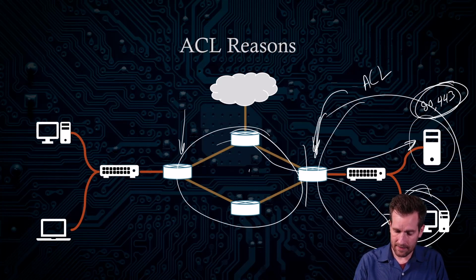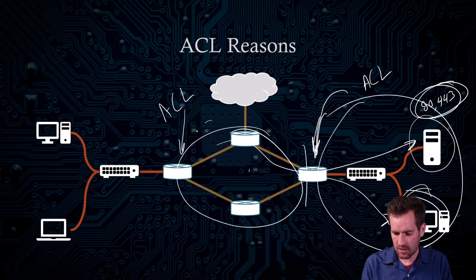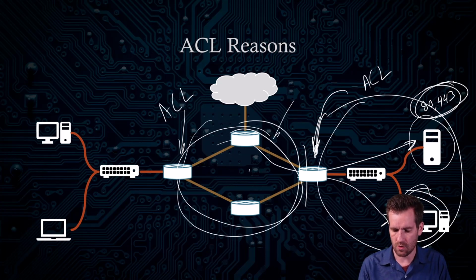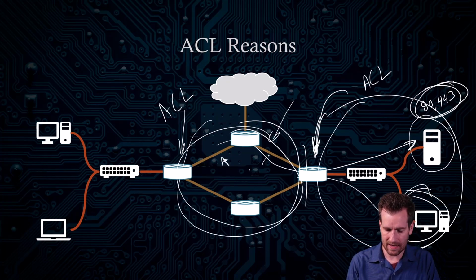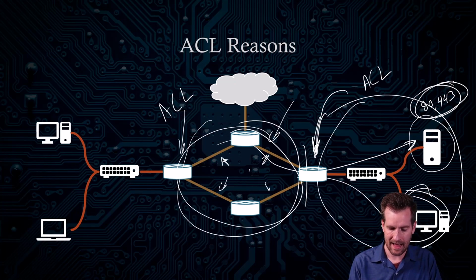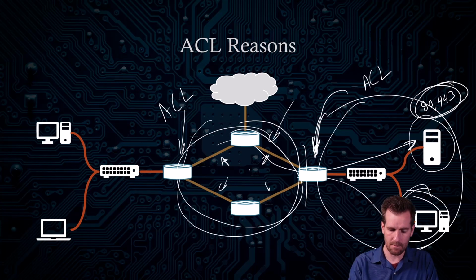Rather than putting it on this device for security, I could put it on this device over here to stop the traffic so it doesn't go across and utilize these resources across the rest of the network. And maybe these are slow connections and I really need to limit how much bandwidth is going across there. So that's where I'd put the ACL on this other side.